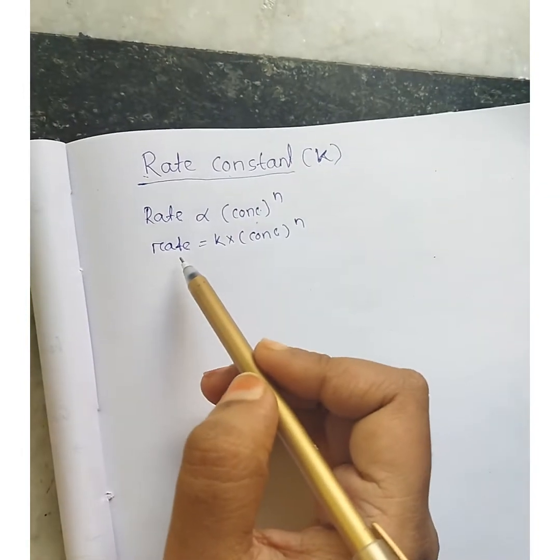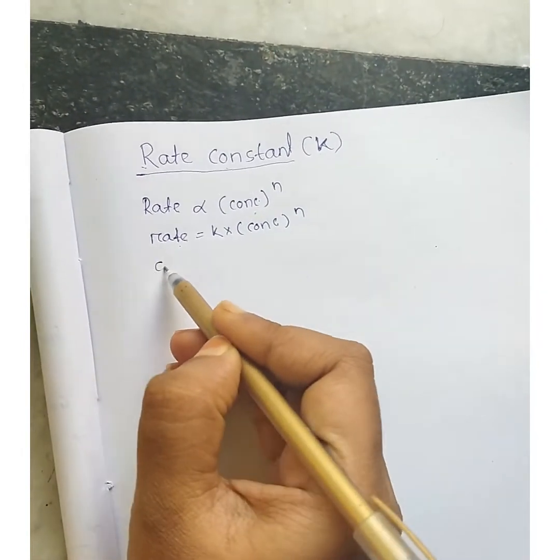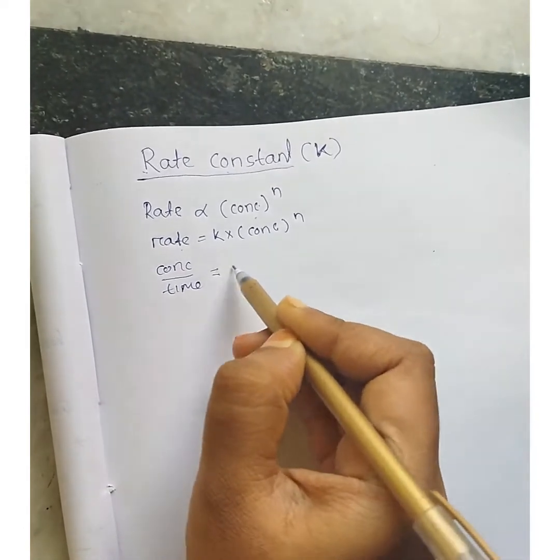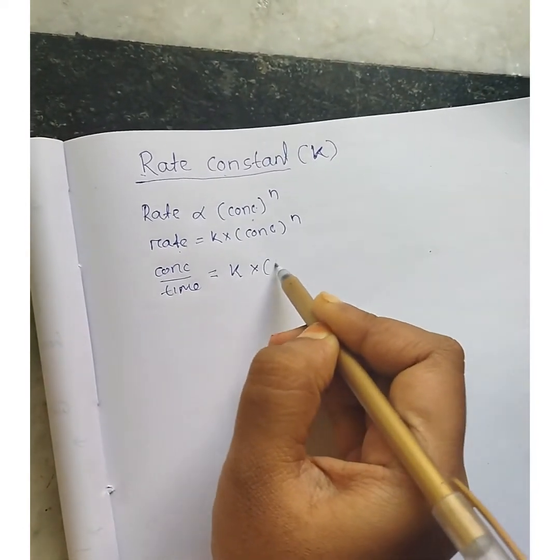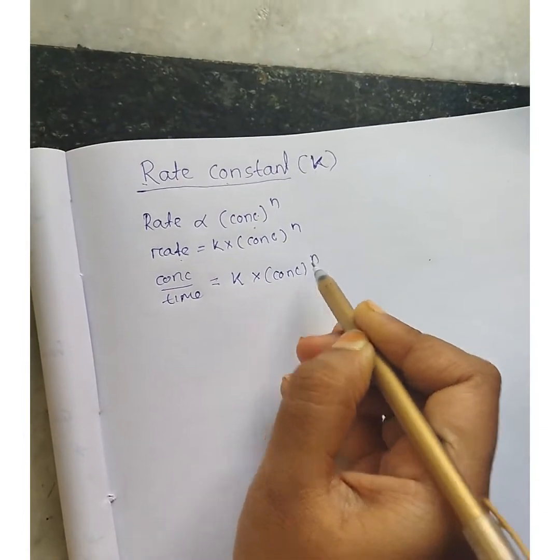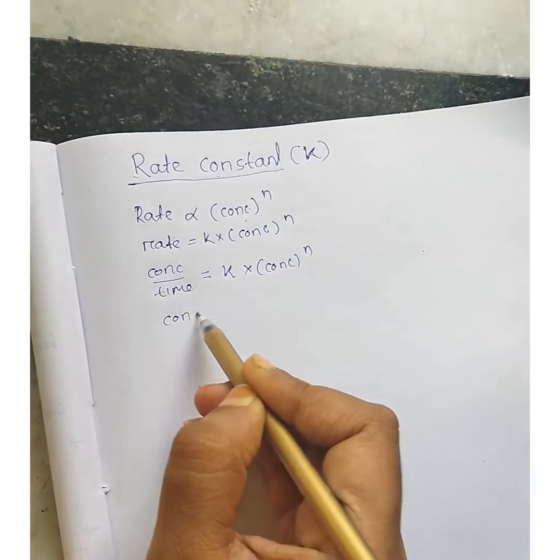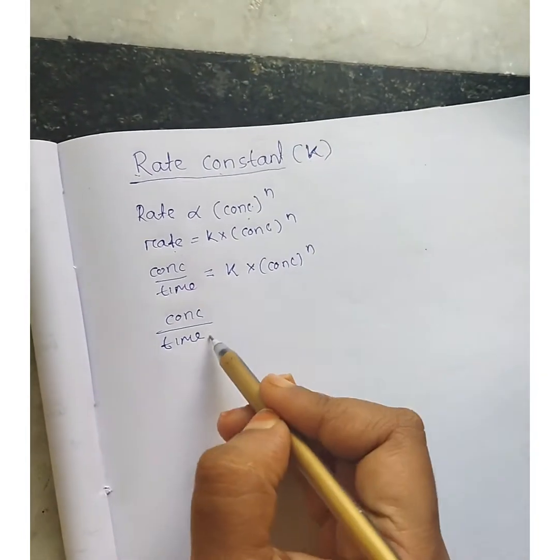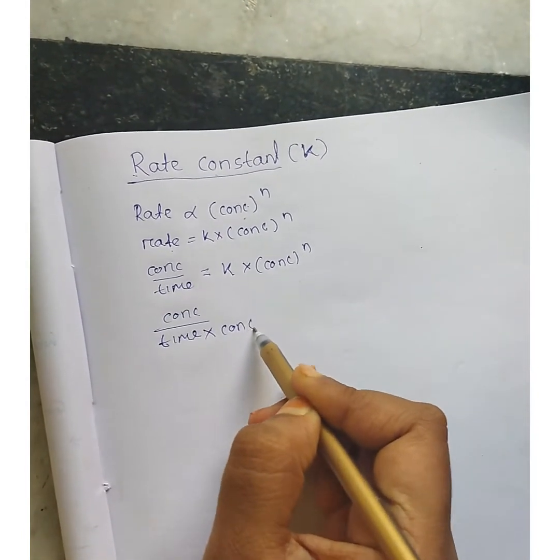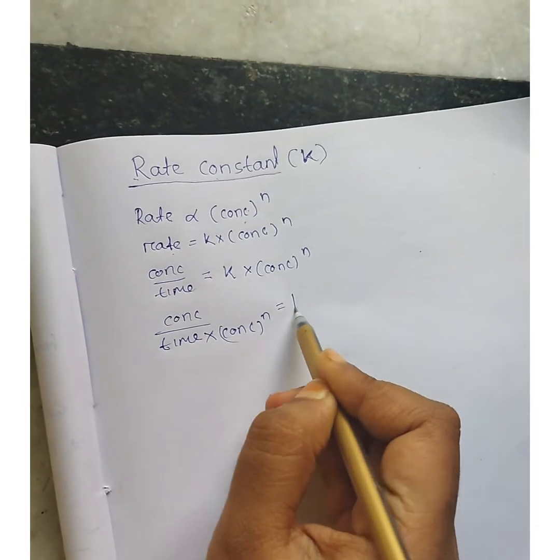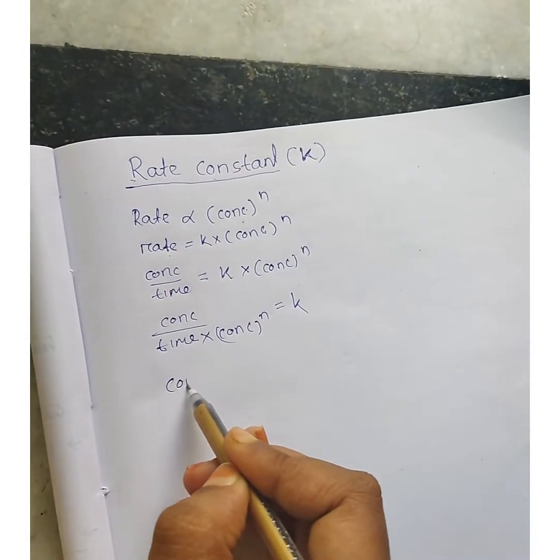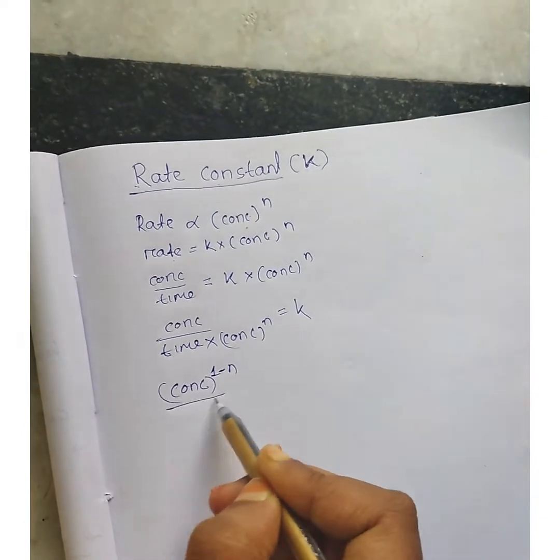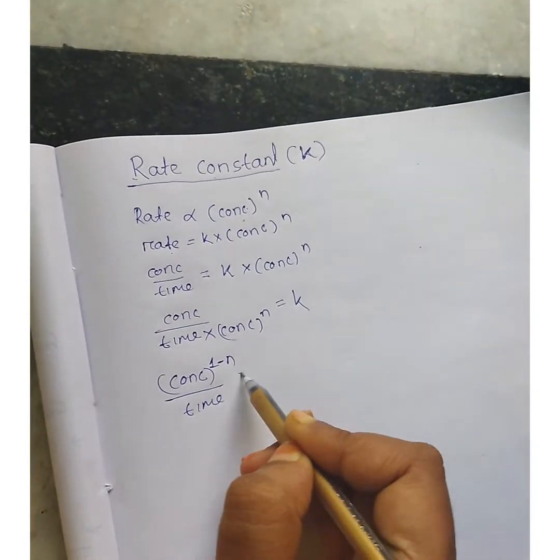Then we define rate as concentration by time is equal to K into concentration to the power n. Then concentration by time into concentration to the power n is equal to K. Then concentration 1 minus n divided by time is equal to K.